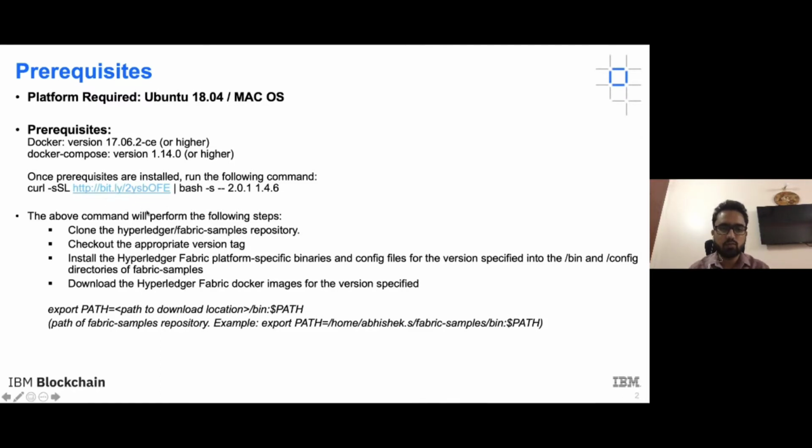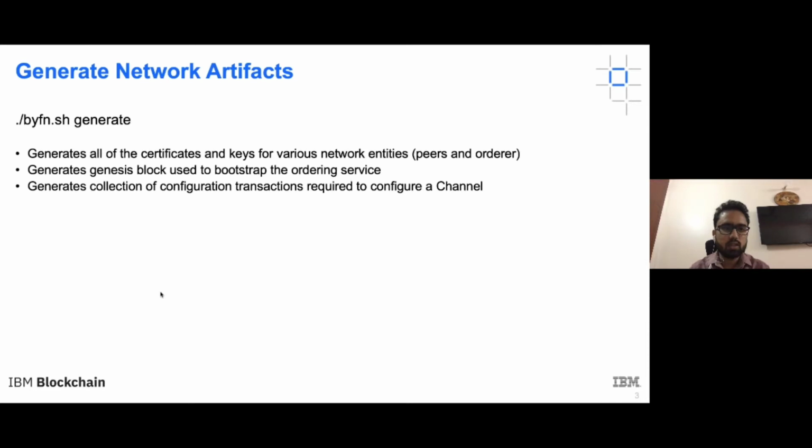It will check out the appropriate version tag, and it will also install the Hyperledger Fabric platform-specific binaries and config files. It would also download the Hyperledger Fabric Docker images that we are going to use to spin up our Fabric network. So this is the first step.